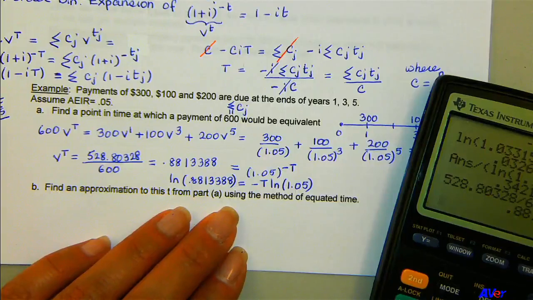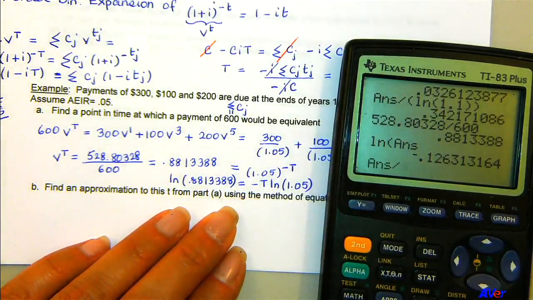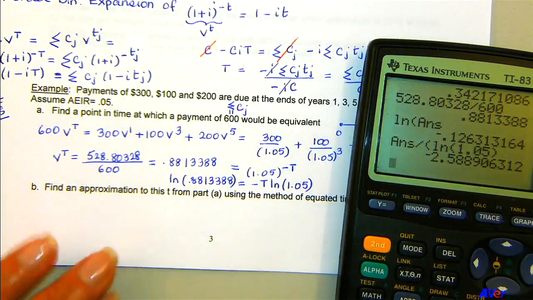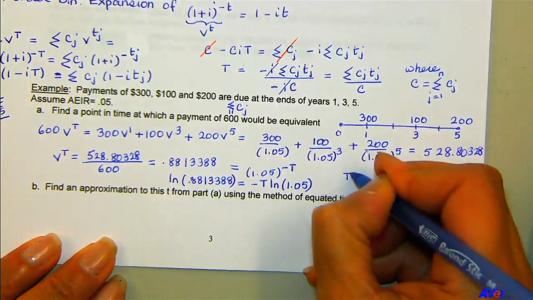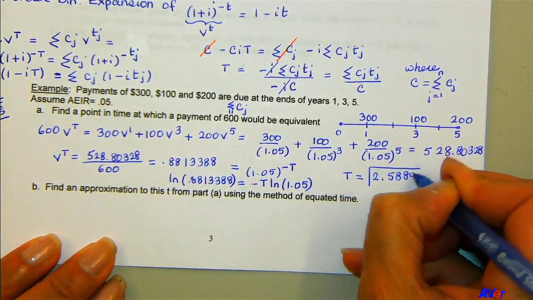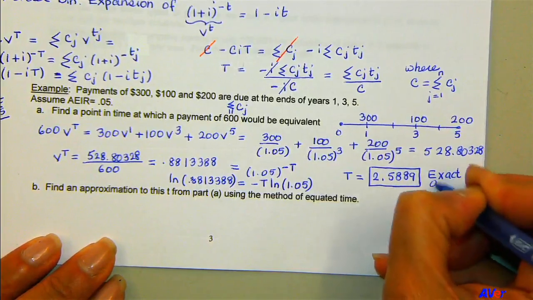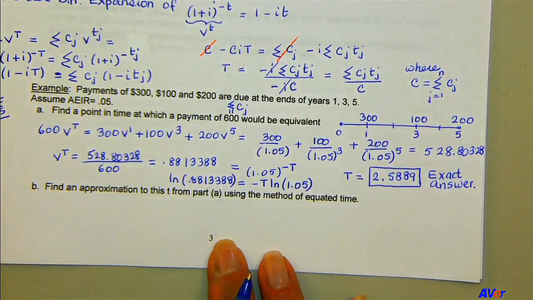So ln of the answer divided by ln of 1.05 equals, and this is negative and this is negative, so t equals 2.5889. That's what I got. That's the exact answer. Everybody good? It's doable, it's just a pain.